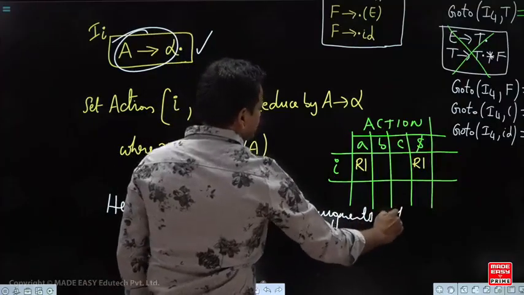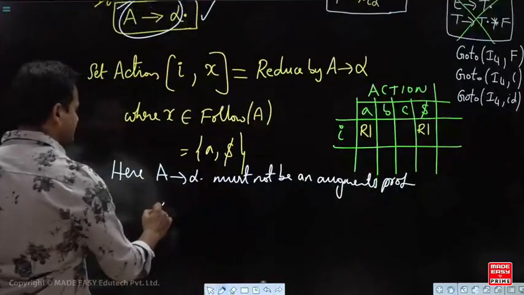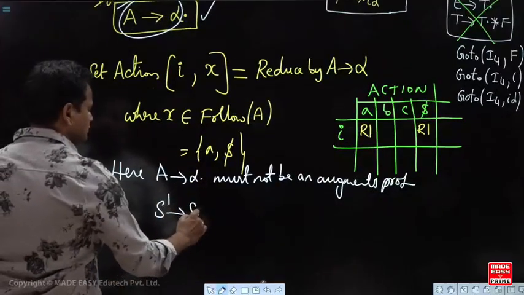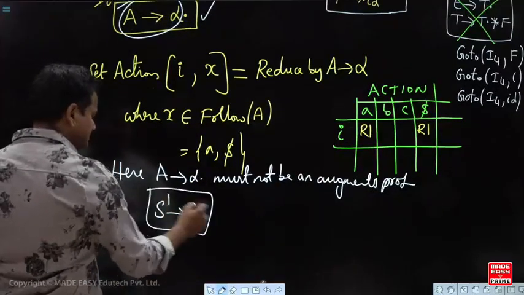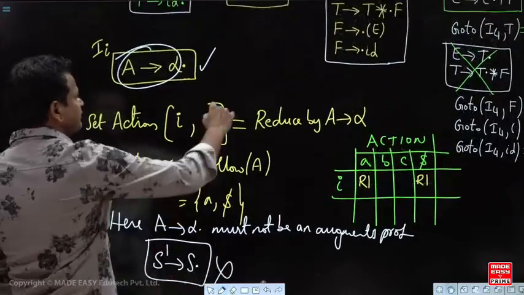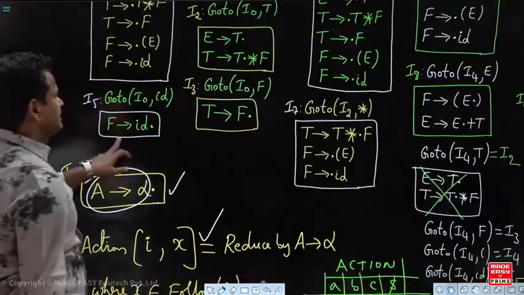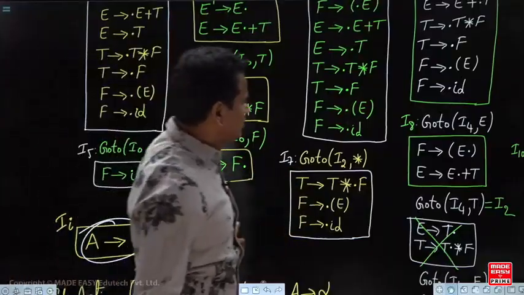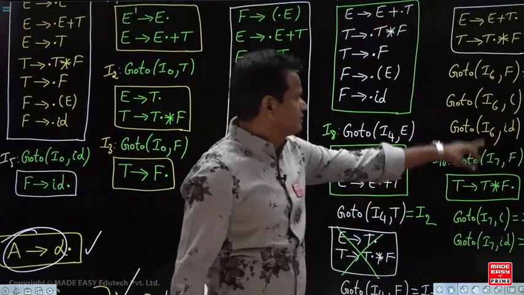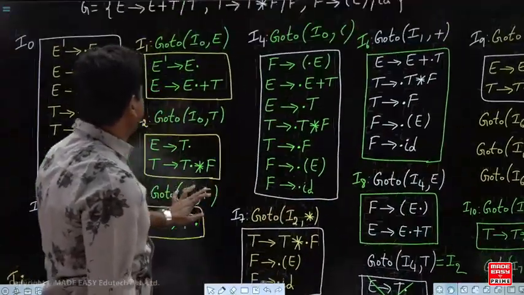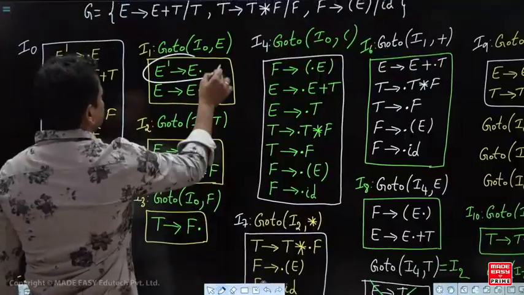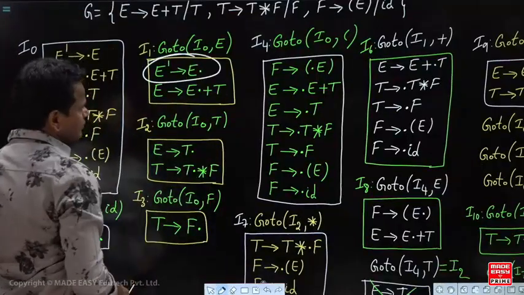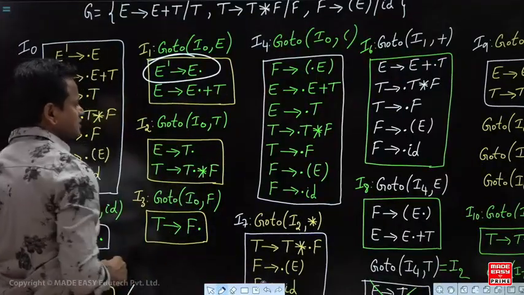What is the meaning of augmented production? You know, what is that? S dash goes to S dot. So except for this, we will follow this rule. Whatever the final items, we follow that. Except for this, we don't follow the second rule because it is an augmented production.